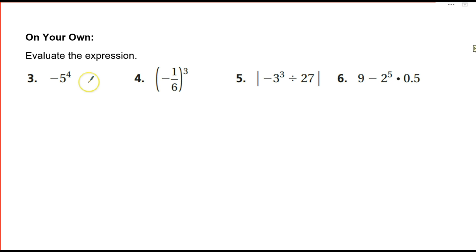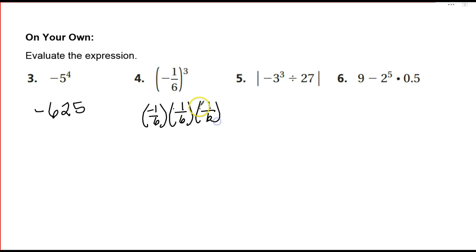Number 3, the opposite of 5 to the 4th power is -625. Okay, it's 5 times 5 times 5 times 5, and the opposite of that. Number 4 is -1/6 to the 3rd power, so that's -1/6 times -1/6 times -1/6, and you get negative 1 over 216.